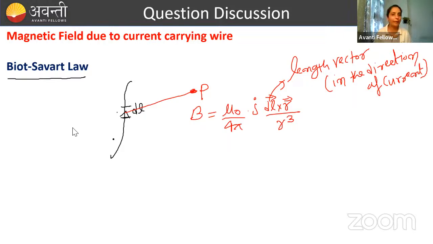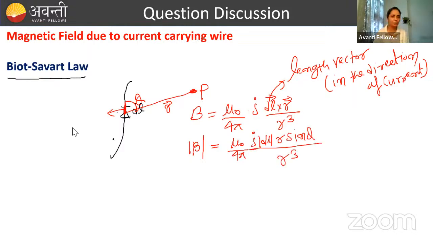So what will be the magnitude because of current flowing in length dl of the wire? It will be mu naught by 4 pi. If you break dl cross r, and the angle between dl and r vector is theta, then it will be I mod dl mod r sin theta divided by r cube.